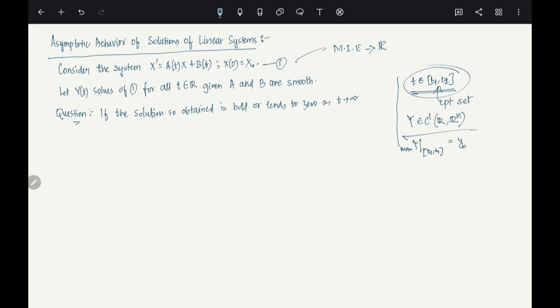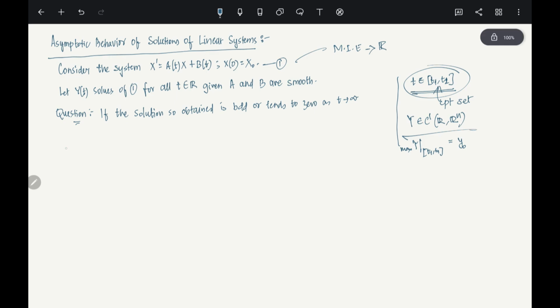Okay, so let's look at this. Our study will be like this. First of all, we are going to start with the constant coefficient equation. Once we know how to handle constant coefficients, we will go to the variable coefficient problem. So let's look at the constant coefficient problem first.